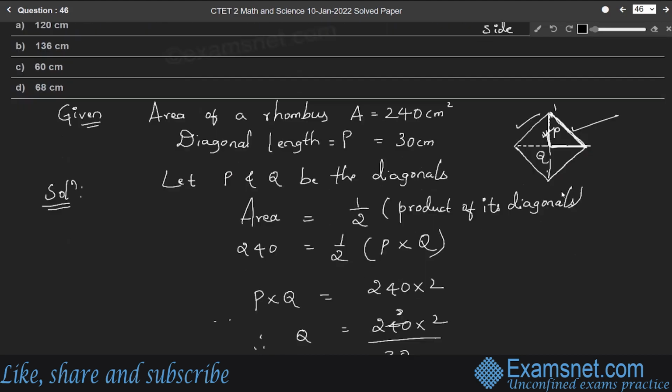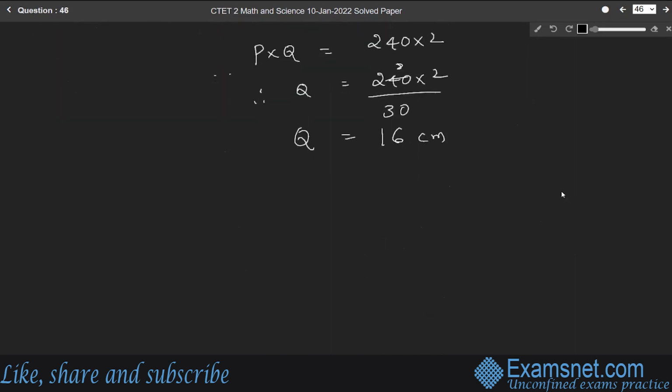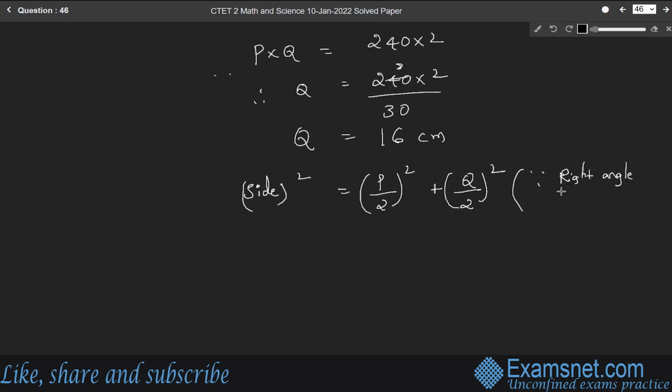Therefore, side square is equal to P by 2 whole square plus Q by 2 whole square, because right angled triangle formed by two diagonals.